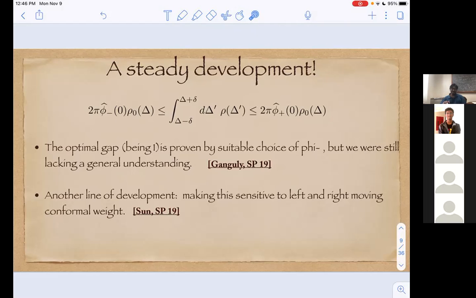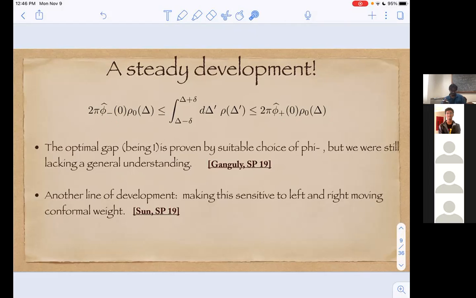So at this point, it was clear that there are two lines of development. In one line we could try to figure out these functions in a more systematic way so that we can write down an optimal inequality. And another line of development was to write down similar inequalities for other kinds of quantities.